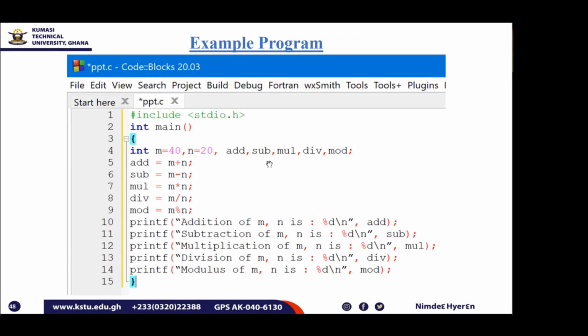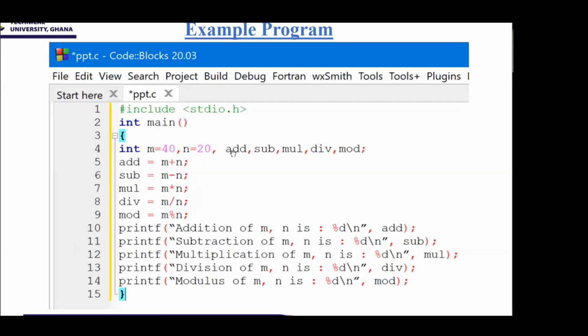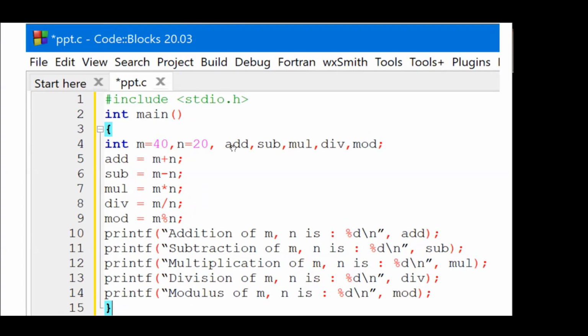Now let's look at an example to further illustrate how arithmetic operators work. In this example, as you are already aware, hash include stdio is our preprocessor directive.